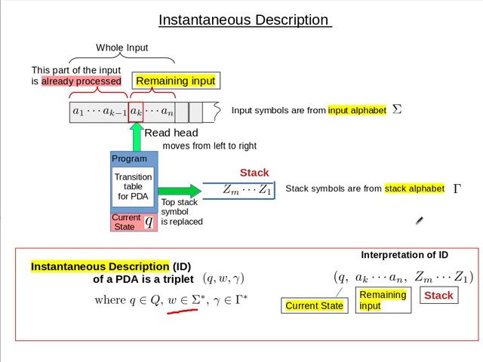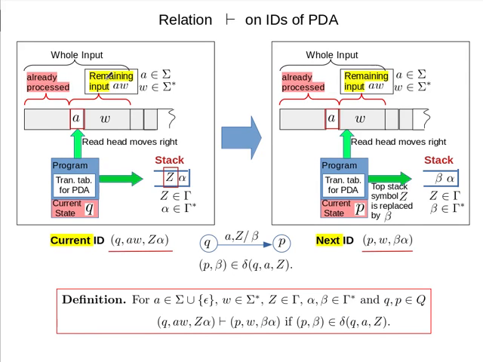So now that we have a formal way of describing the current configuration of a PDA, we have this relation, which we will call turnstile. This turnstile relation relates two configurations, that means two IDs, two instantaneous descriptions, such that from one configuration you can reach the next configuration in one time step.